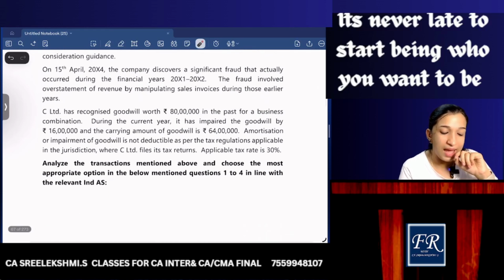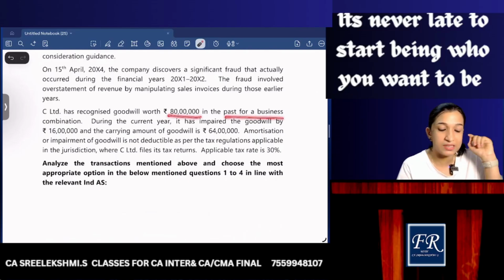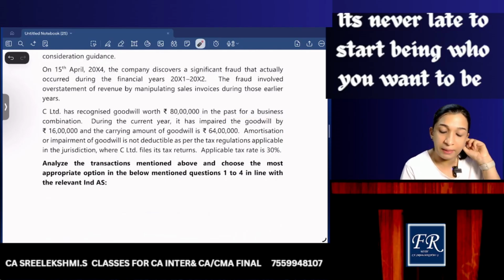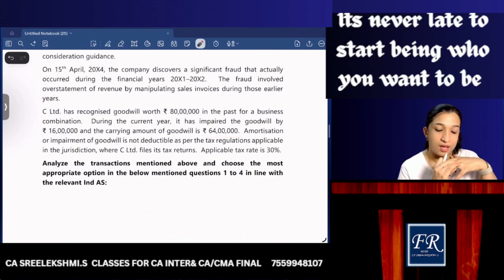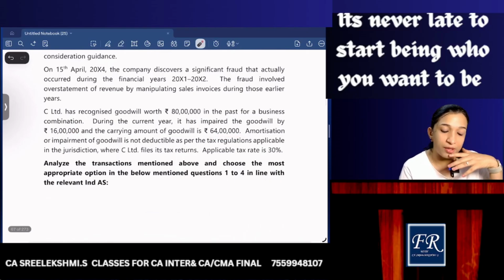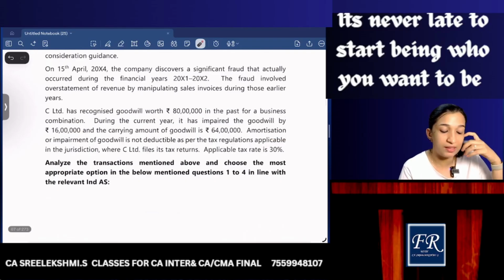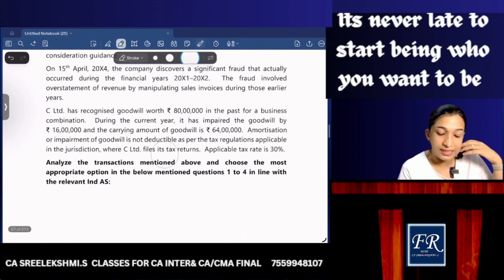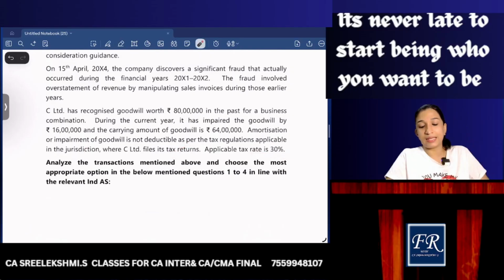Now, C Limited has recognized goodwill worth 80 lakhs in the past for a business combination. During the current year, it has impaired goodwill by 16 lakhs, carrying amount is 64 lakhs. Impairment of goodwill is not deductible as per tax regulations applicable in this jurisdiction, where C Limited files tax returns. Applicable tax rate is 30%. See, for goodwill, there is no deferred tax.